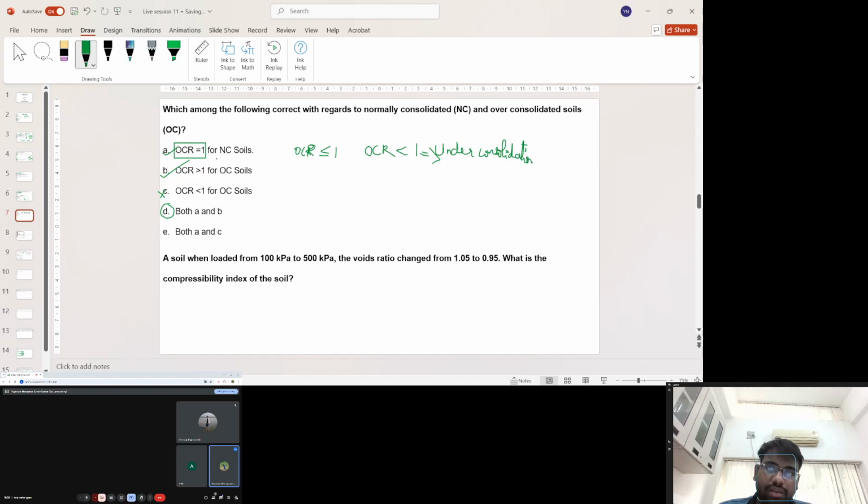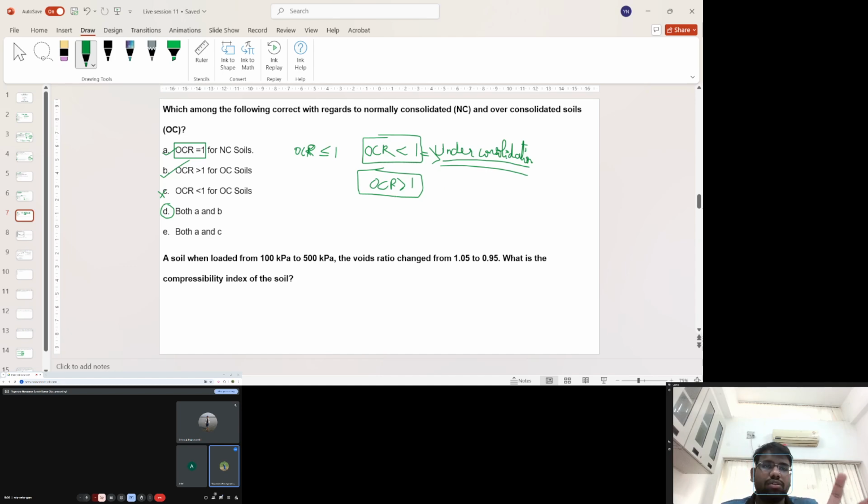It is an extreme case. The analysis is either OCR less than 1 or OCR greater than 1. The NC behavior which we speak of is mostly about this only, but the definition speaks otherwise.